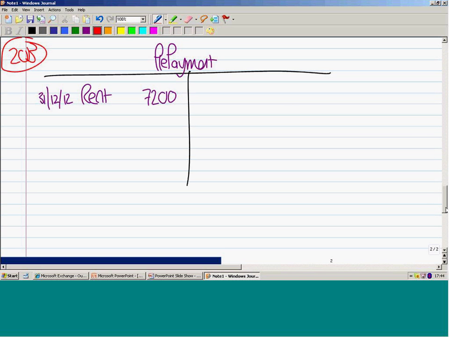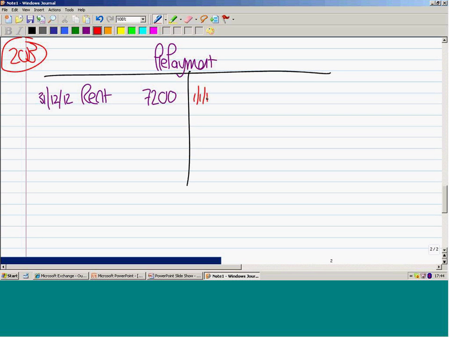So what we need to do now is get rid of this rent in the prepayment account, because we need to account for it within the rent account in the income statement. If we don't reverse this out, then we're going to be understating the rent for the financial year. So I'm going to reverse that journal.